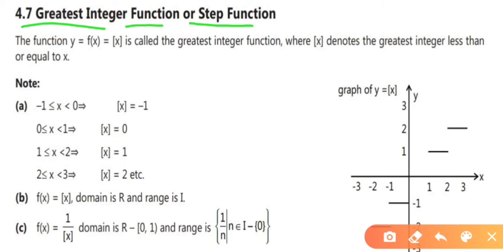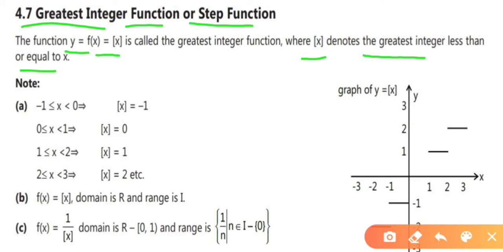These are functions which are useful while studying the classification of functions, or while solving examples, where you will come across this kind of definition. Here, the greatest integer function means a function y equals f of x, which equals [x], called the greatest integer function, where [x] denotes the greatest integer less than or equal to x. What does it denote? The greatest integer less than or equal to x.